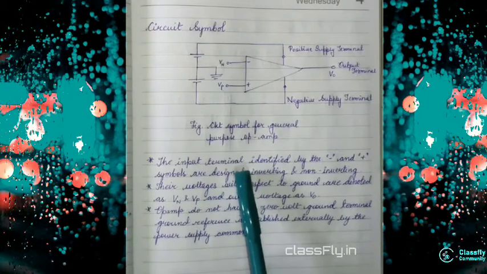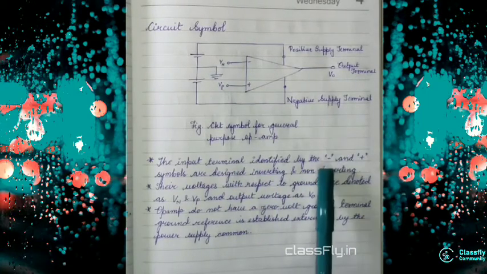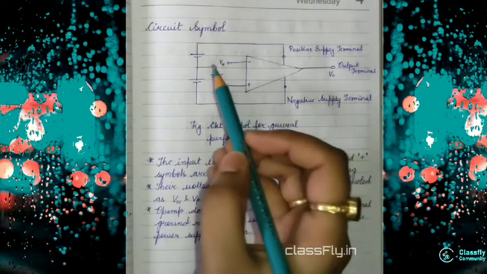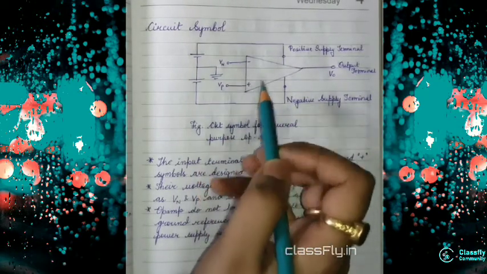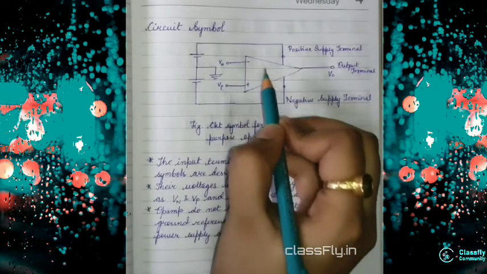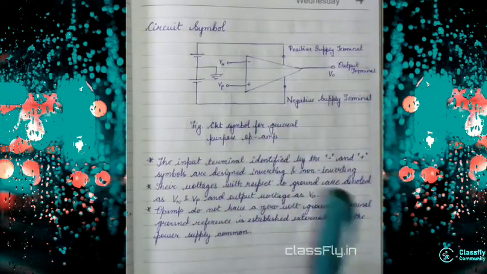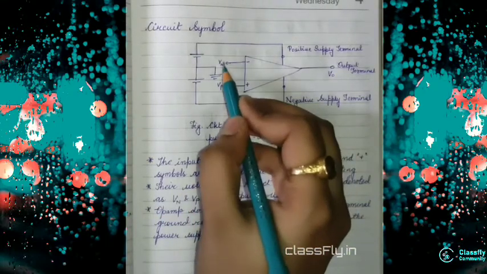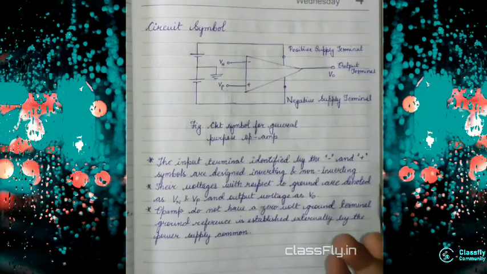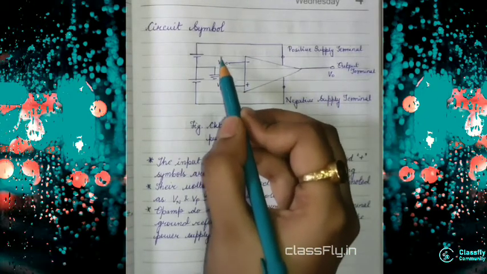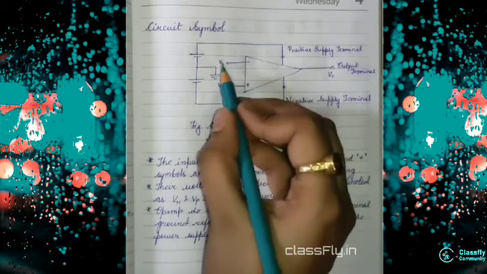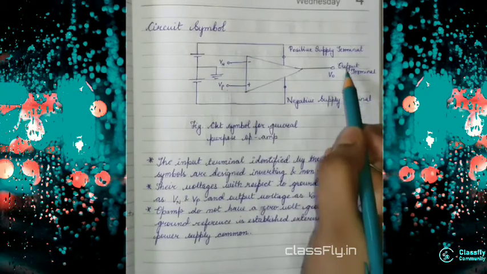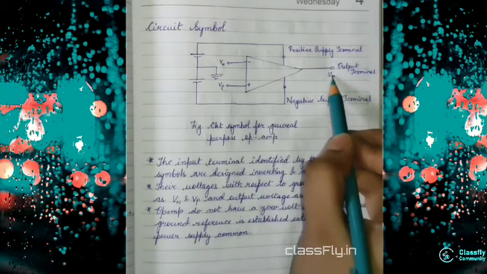The input terminals identified by the minus and plus symbols are designated inverting and non-inverting. Minus is the inverting one and plus is the non-inverting one. Their voltages with respect to ground are denoted as Vn and Vp, voltage of negative and voltage of positive, and our output voltage is denoted as V0, voltage of output.